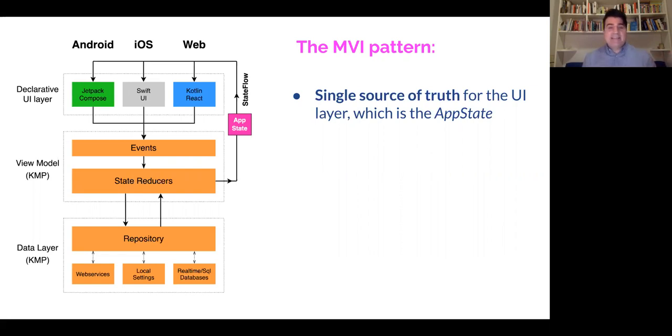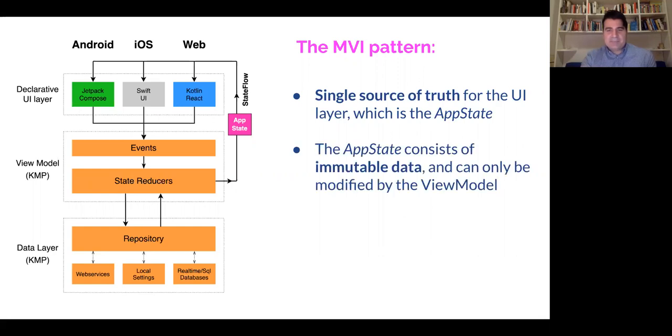So app state is basically just data, and it's multi-platform. There's nothing platform specific in the definition of the app state. Very importantly, the app state consists of immutable data, and as we said earlier, it can only be modified by the view model.